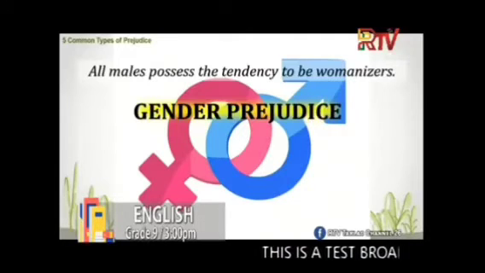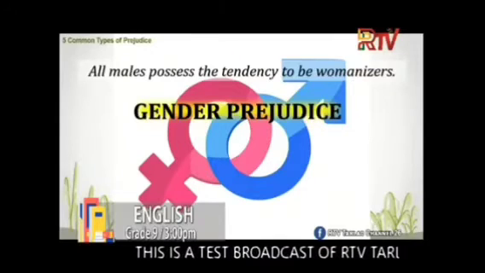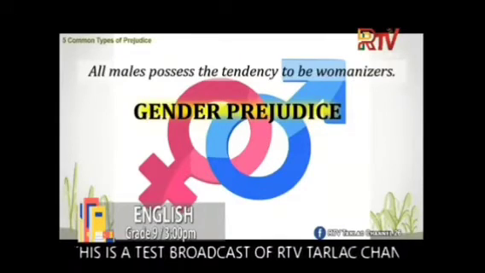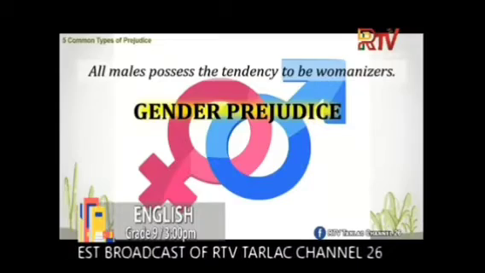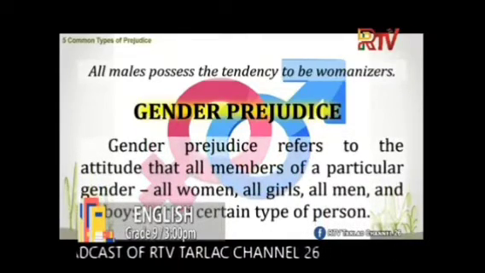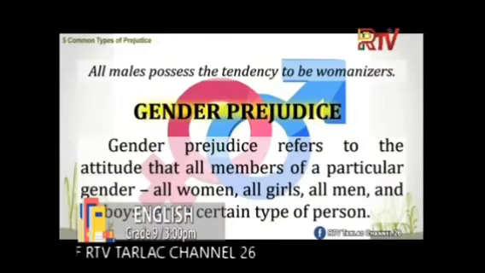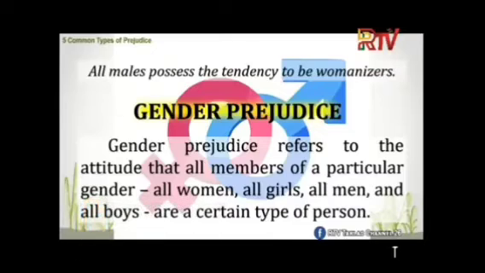In short, gender. So the type of prejudice that is being illustrated in this statement is called gender prejudice. Gender prejudice refers to the attitude that all members of a particular gender, like all women, all girls, all men, and all boys, are a certain type of person.